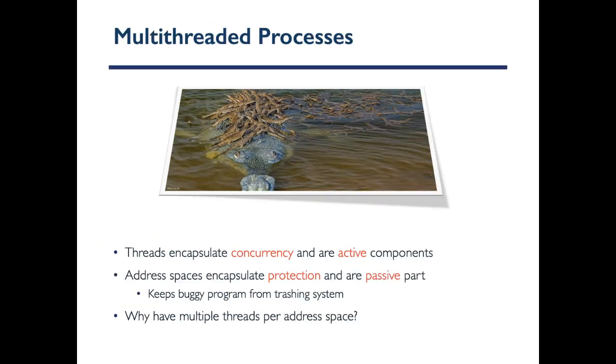So why do we want multiple threads per address space? The main reason for this is performance. Providing isolation and protection will introduce overheads, and that's why multiprocessing is more costly than multithreading.